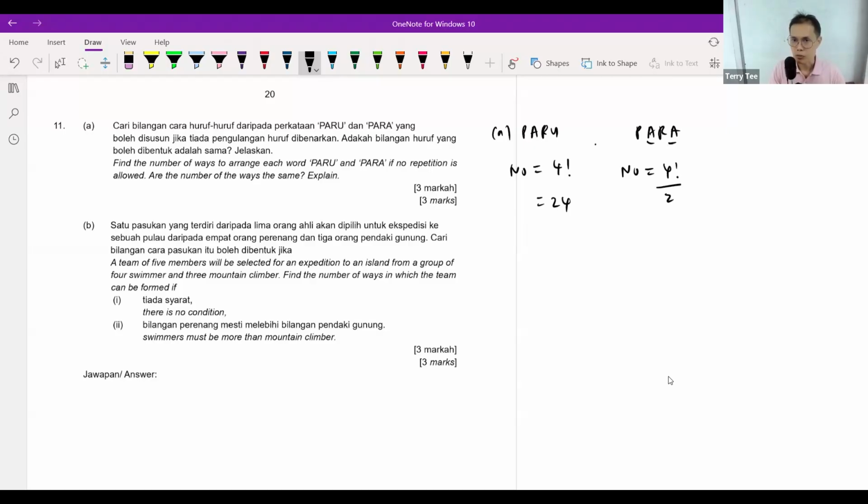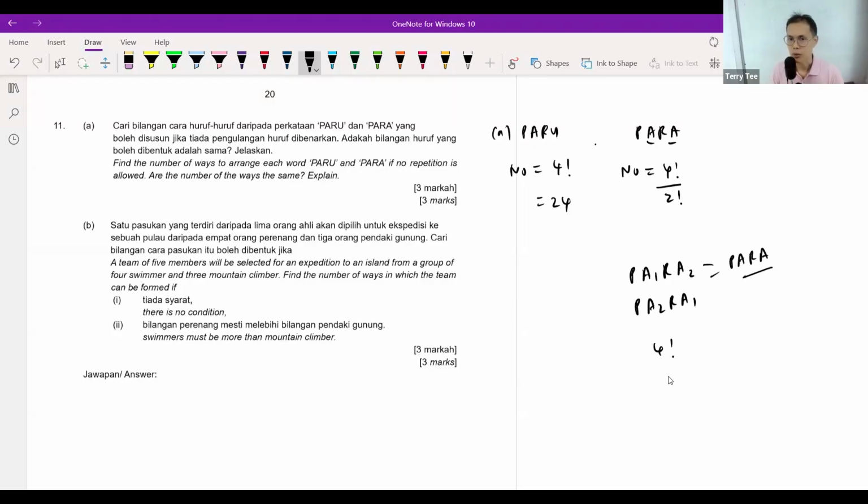You've got to divide by 2 identical letters, because remember, if this is A1 and A2, and this is A2 and A1, then this is 4 factorial ways because they are different. If you put a label on your A, then there are 2 different letter As. But the moment you take out the labeling, they become the same arrangement.